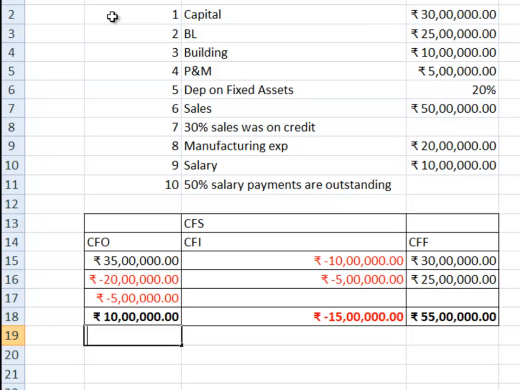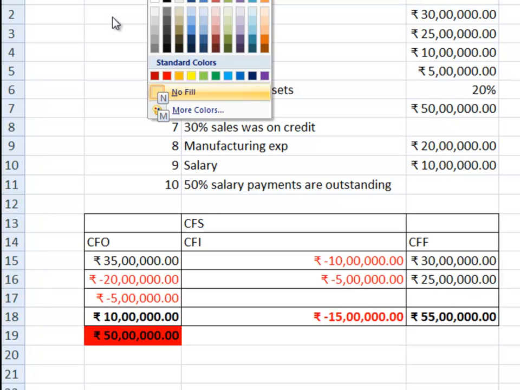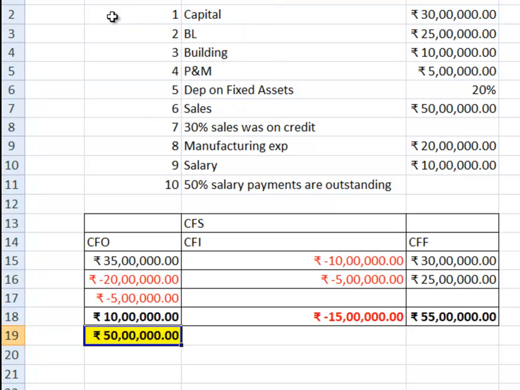We'll take the total of all of them. It would be 50 lakhs, which would tally with your final balance. This method, of course, was the direct method.